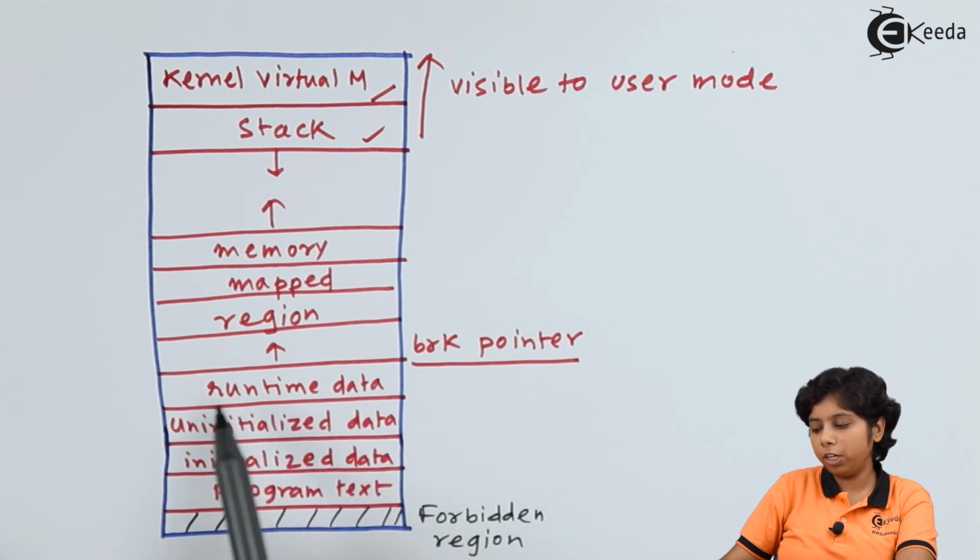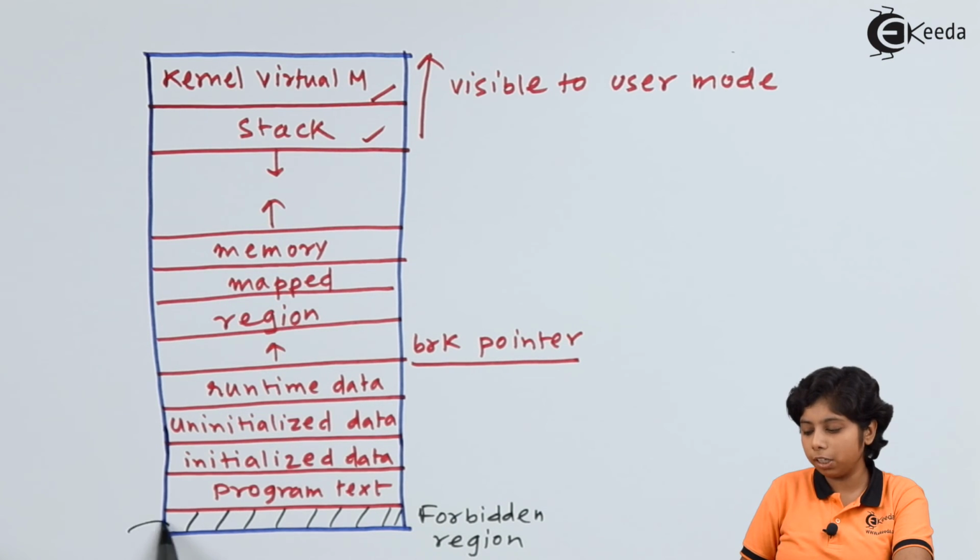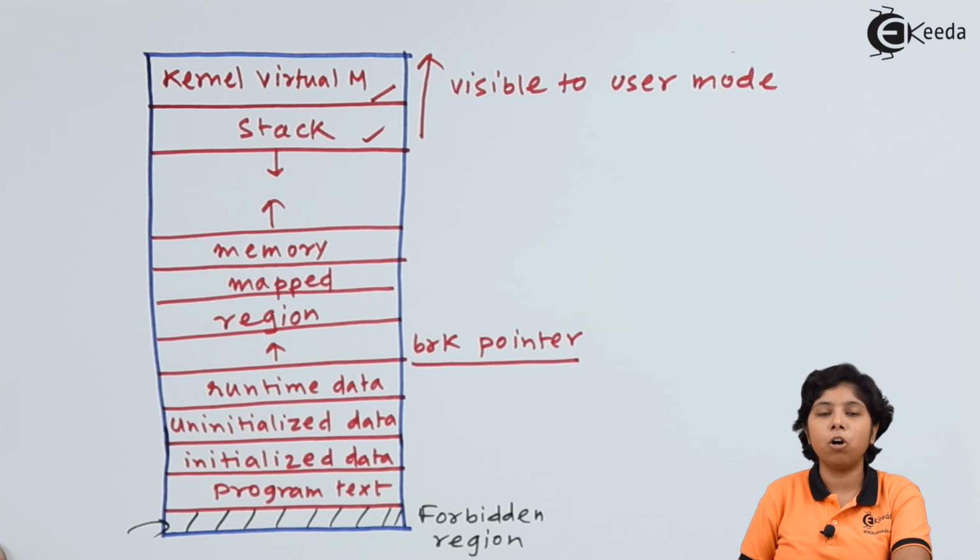After the kernel mode information stored inside the ELF format, there is a forbidden region which can only be accessed by the kernel.